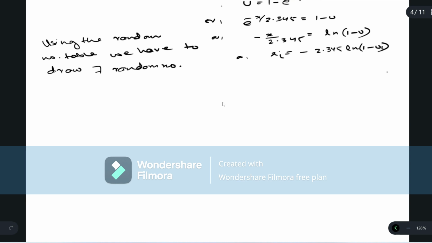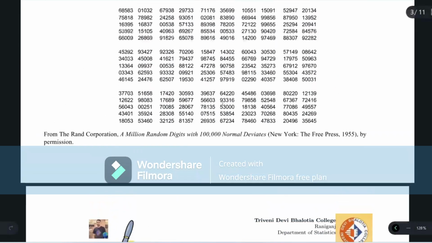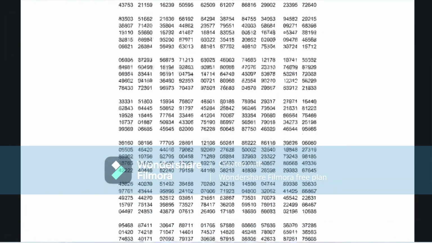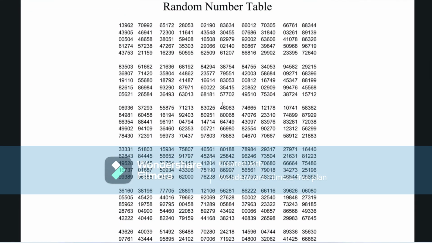The random number table will be provided to you at the examination hall. So taking the first row and first column, we have to draw a 3-digit random number. Okay, this is a 3-digit random number. I am marking this.